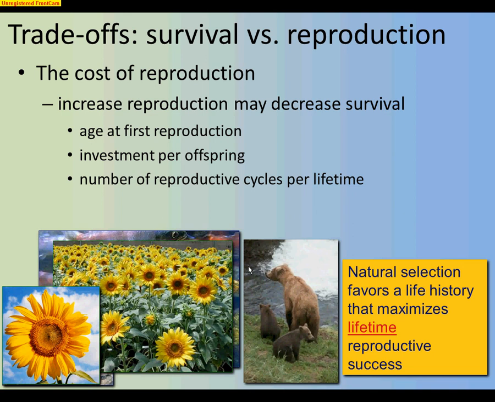So just a couple things when we're talking about survival versus reproduction. There are some trade-offs and some costs associated with those for organisms. If you increase how many times you have to reproduce, that ultimately may decrease your survival. For instance, if you looked at the blue-footed boobies in the Galapagos Islands from Honors Bio.